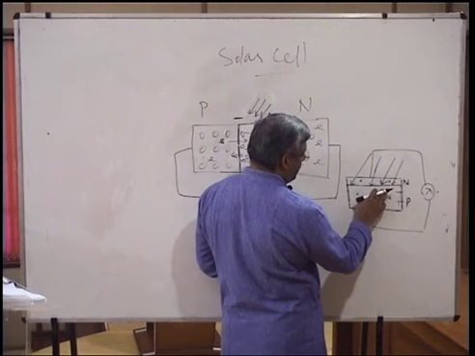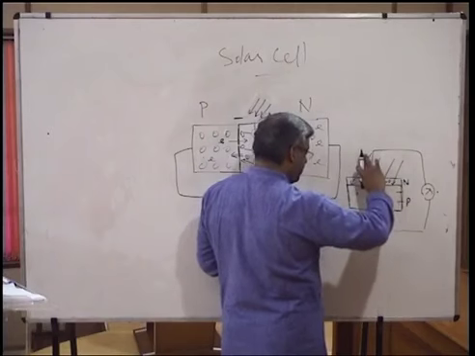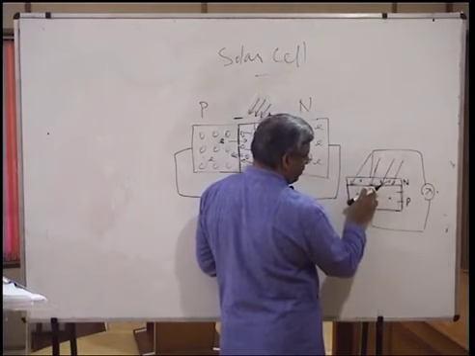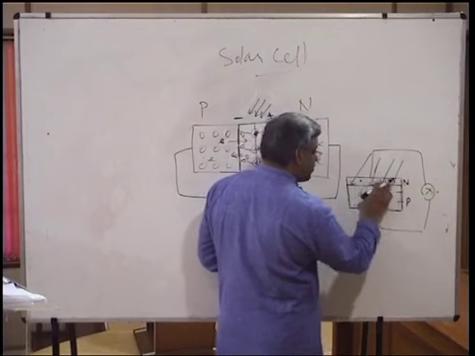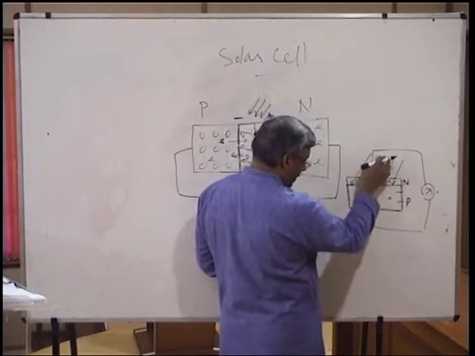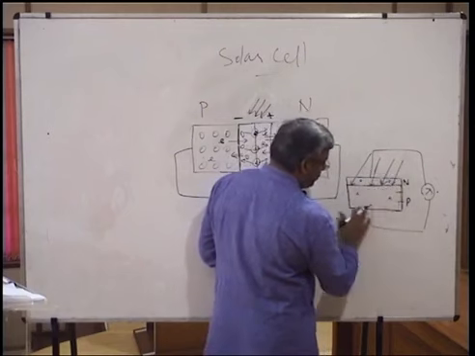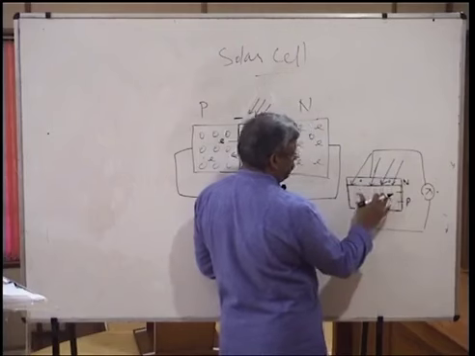It also facilitates the light to fall on the depletion layer. Because if this is very thick, light will not penetrate and reach the depletion layer. And this has to be a little bit transparent, or at least translucent, so that light reaches the depletion layer. So this gives you the practical idea of the design of a solar cell.